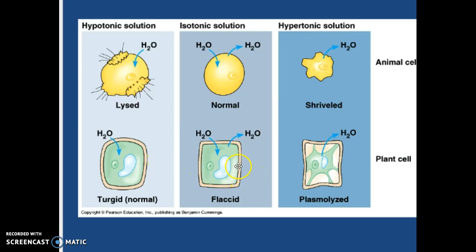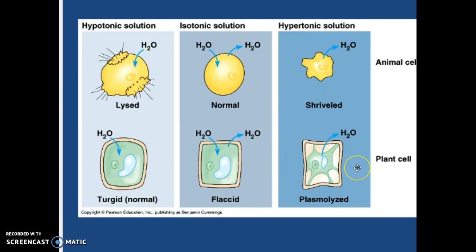In an isotonic solution, where some water is leaving the cell, the plant can become flaccid, which is not fully wilted or dehydrated, but the vacuole isn't as full as it could possibly be, it's not pushing as hard against the cell walls, so the cell is flaccid.